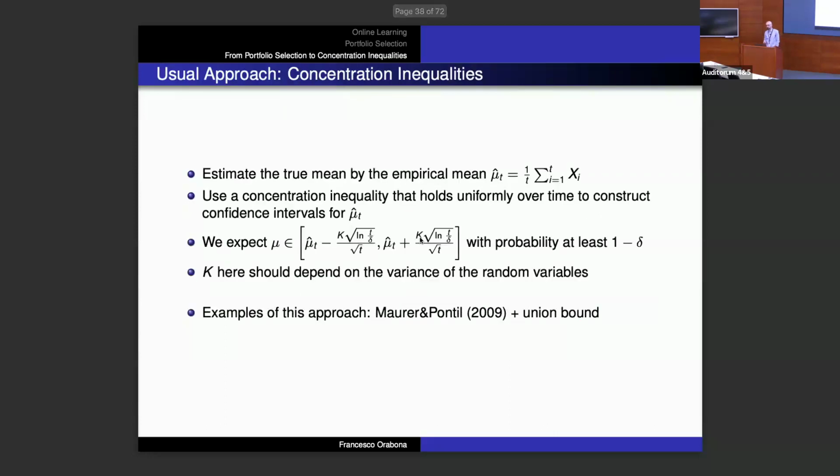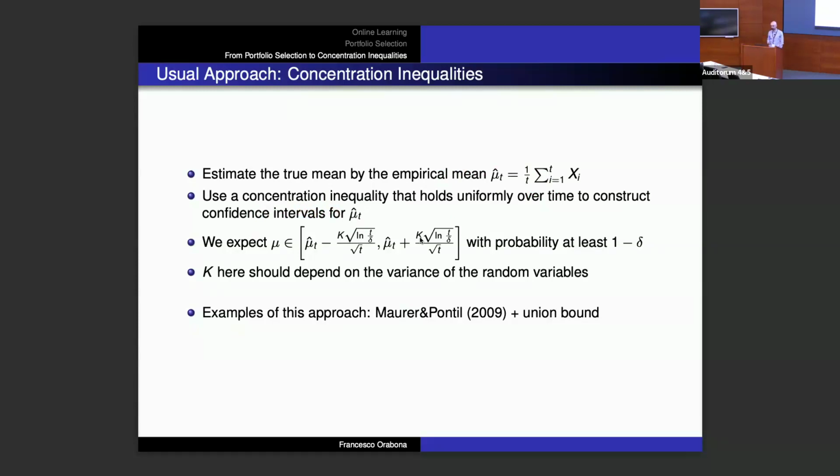So how can I solve this problem? I can just use a concentration inequality. I take the empirical mean of my random variables, and I use a concentration inequality. I can also use a union bound because I told you that I want them to be uniform over time.